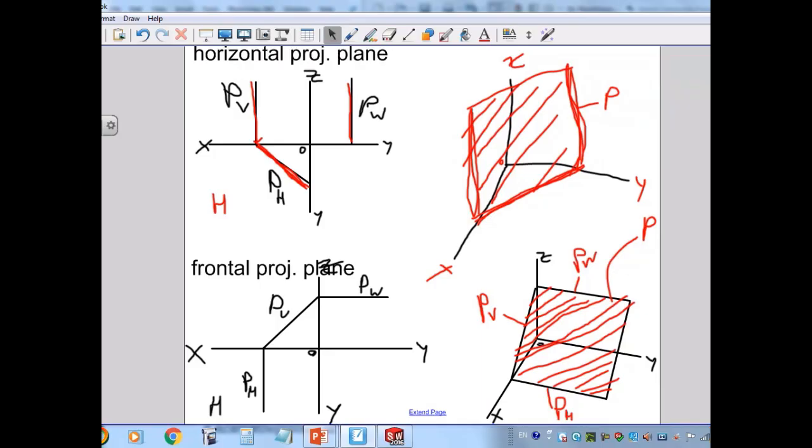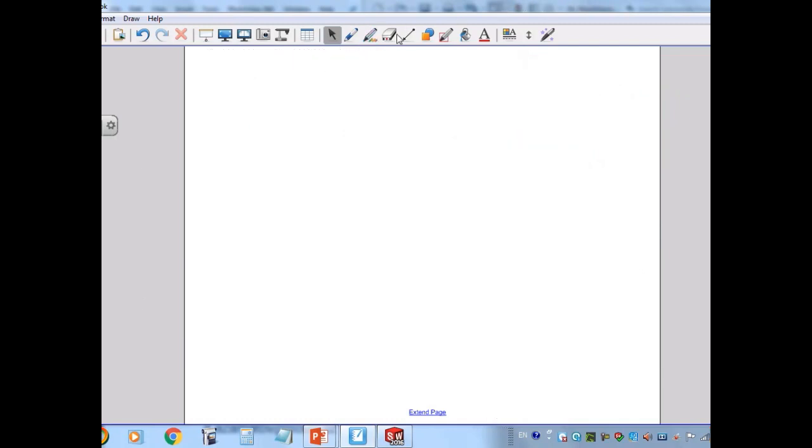Similar to the other projection planes, there might be a profile projection plane. So let's see how it looks. So the profile projection is this one. That's why the slope is here, and the traces on the V plane and H plane are like this.